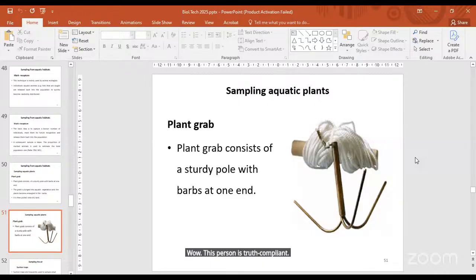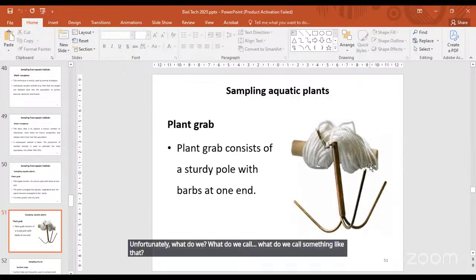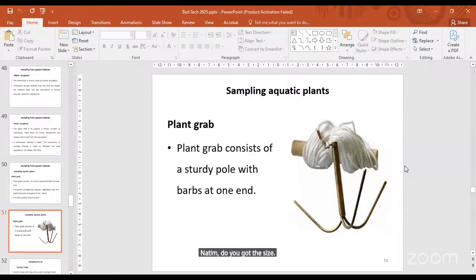You understand? We need to be street compliant. Sometimes, even if we are not, it is not intentional. What do we call something like that? That thing you just described.